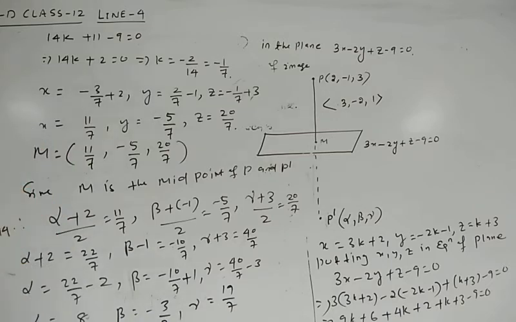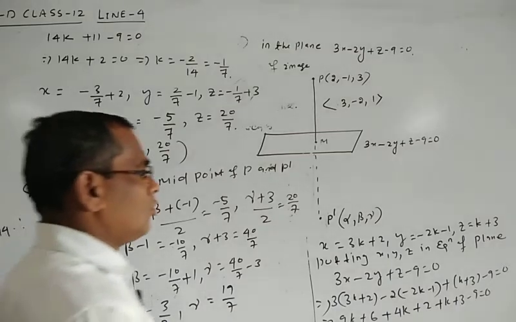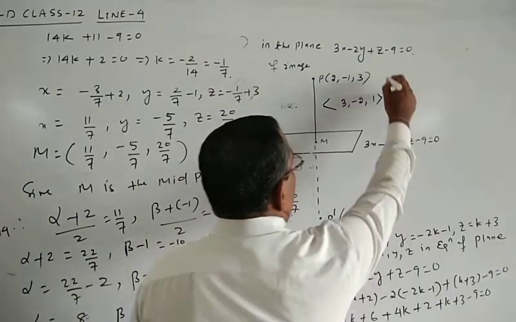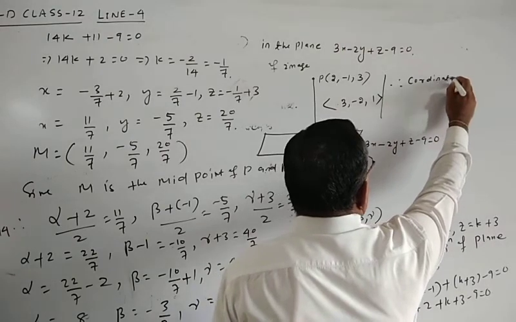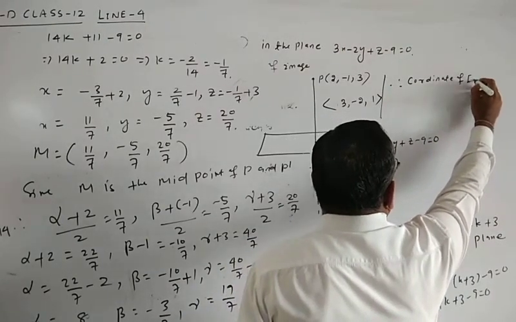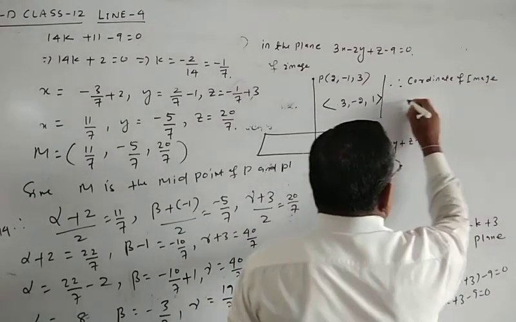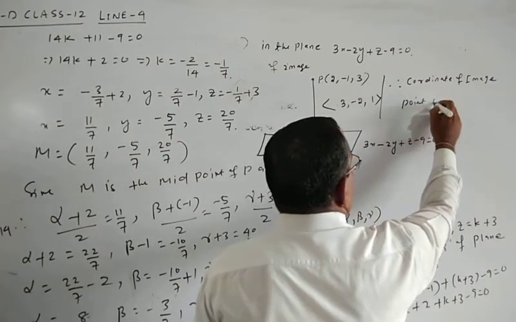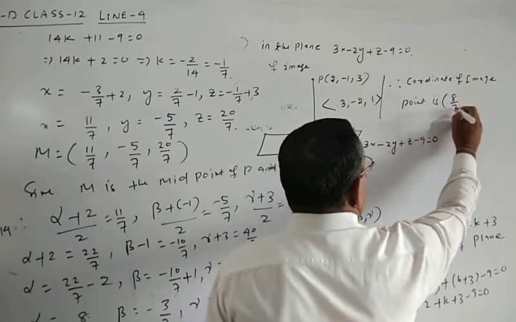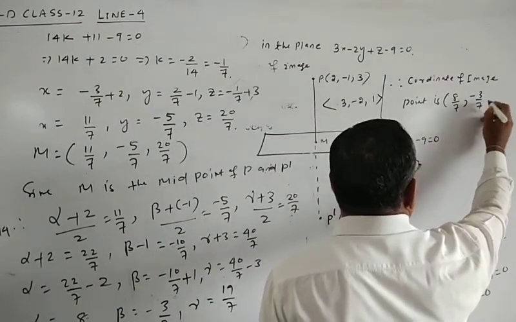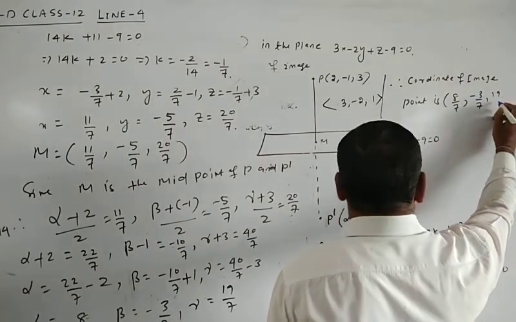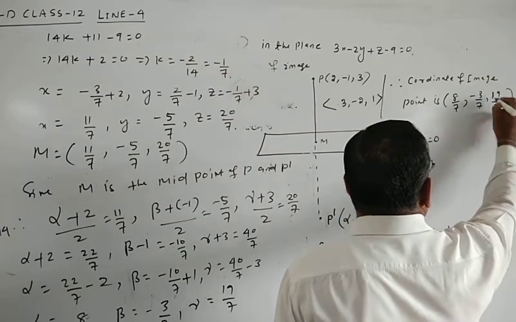Therefore, the image point alpha, beta, gamma, the coordinate of the image point is 8 by 7, minus 3 by 7, 19 by 7.